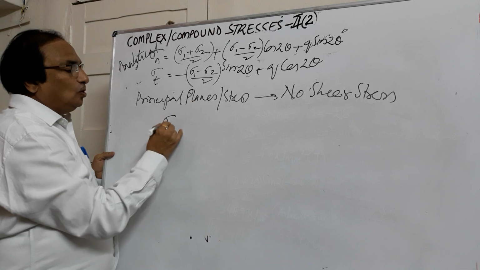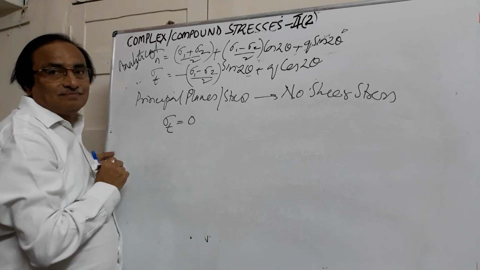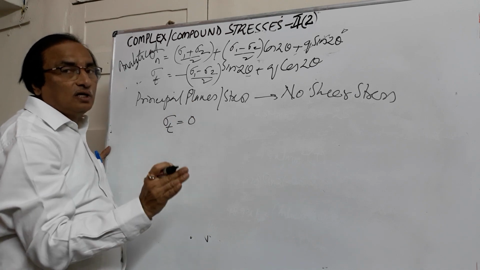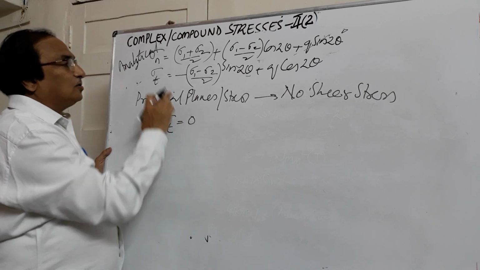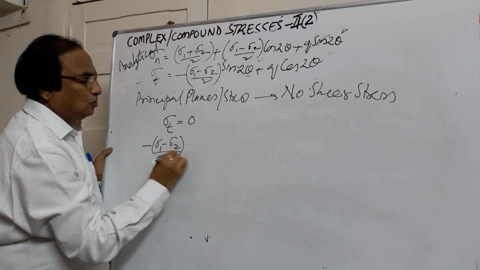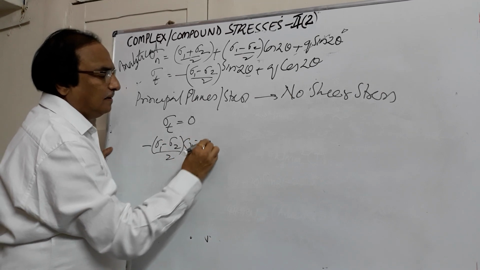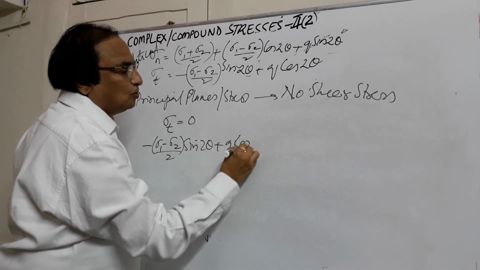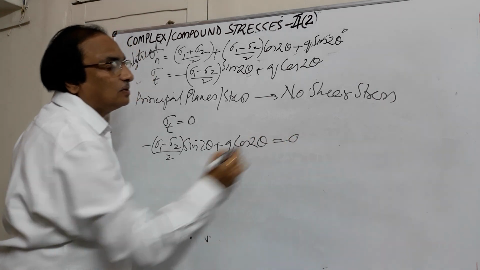Means there will be no tangential stress in the system or on the plane. Now when sigma t is 0, if I use this relation, minus sigma 1 minus sigma 2 by 2 sine 2 theta plus q cos 2 theta, this will be equal to 0.